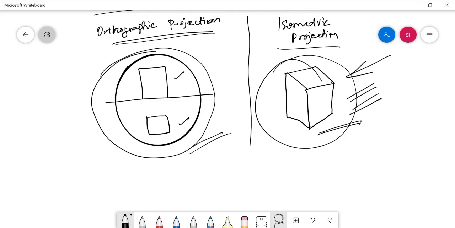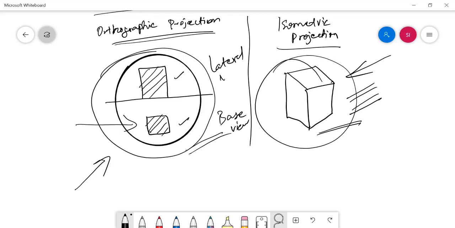And it's a single view drawing that shows various faces in a single output. For example, in the orthographic projection, in the front view you can see the side face of the object. In the top view you can see the base of the object. So this is the base view and that is the lateral view. The base shape can be viewed only in the top view and the side face only in the front view.